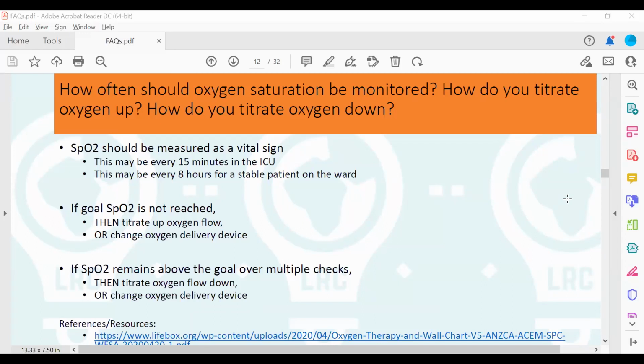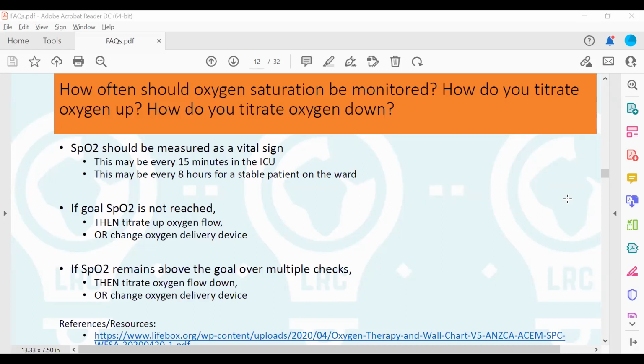Those who are in ICU or at the emergency department, especially those who are in critical condition, should have their SpO2 monitored no more than 15 minutes apart. Each 5 to 10 to 15 minutes, they can recheck the SpO2. The patients who are in critical condition should be monitored on a regular basis.